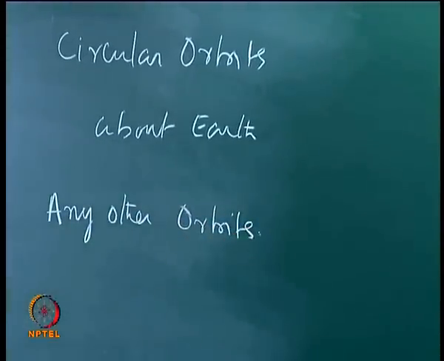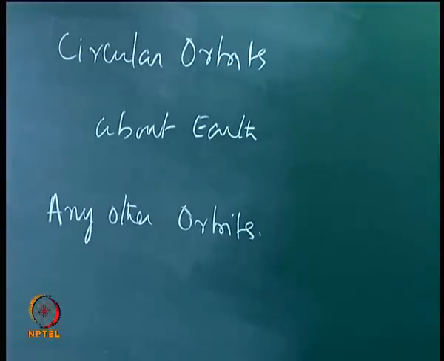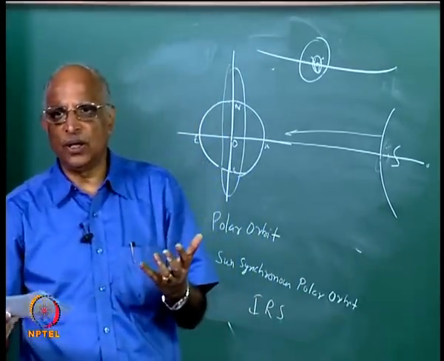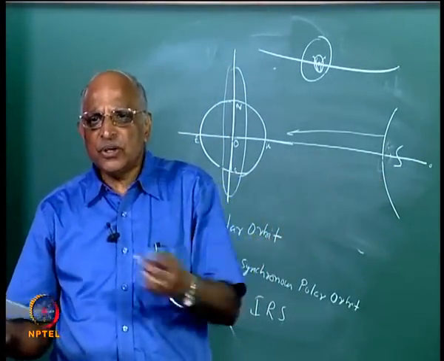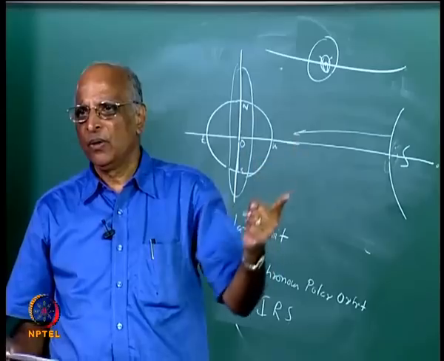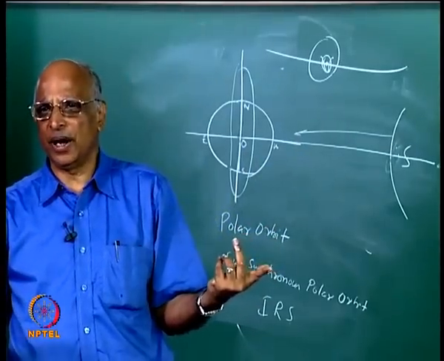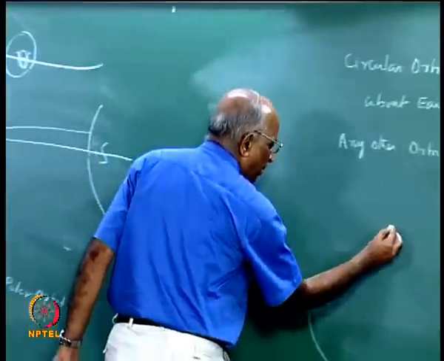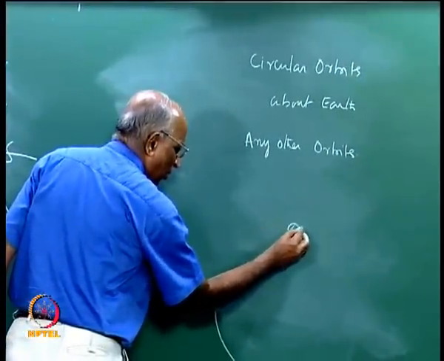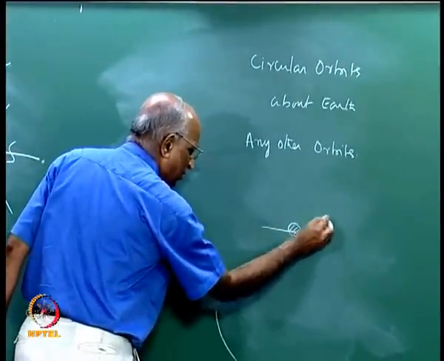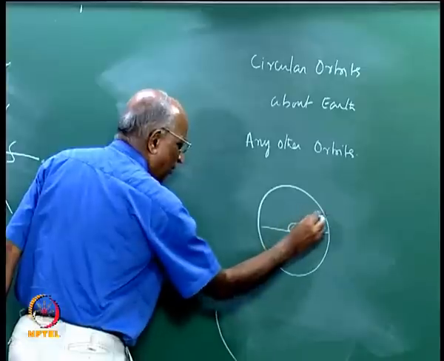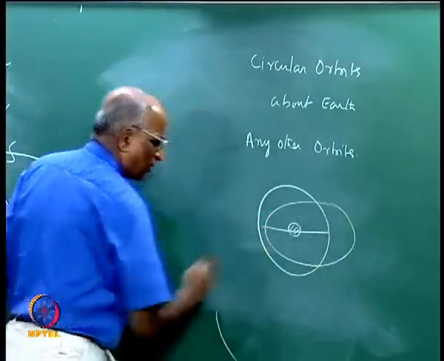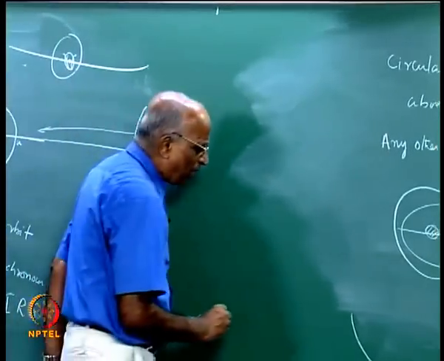You will recall when we looked at the orbital velocities of the planets around the sun, we said all orbits are elliptical. What is the difference between a circular orbit and an elliptical orbit? Instead of the Earth being here, let us say a small Earth, if I say it is elliptical, it is something like this. How do we define an ellipse?